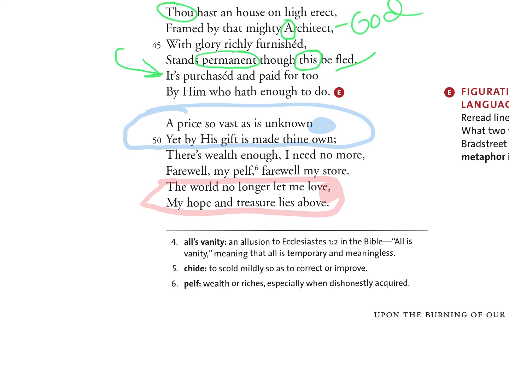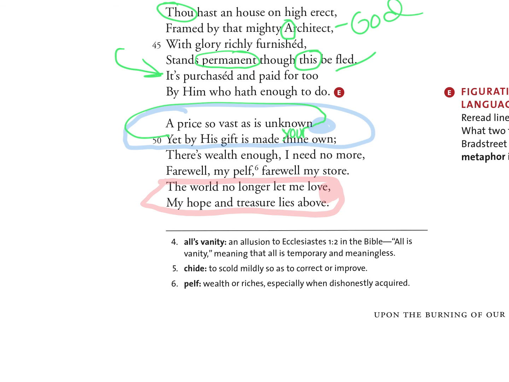So you just say a price so vast as is unknown, yet by his gift is made thine own, or your own. Okay? Thee, thy, thine, it's always your or you or yours. So when there's no punctuation, you run those two lines right together.